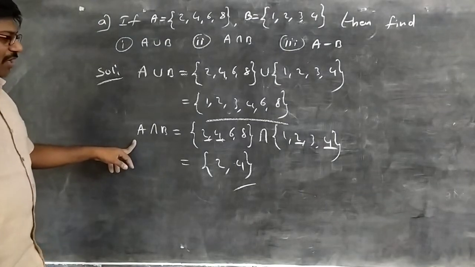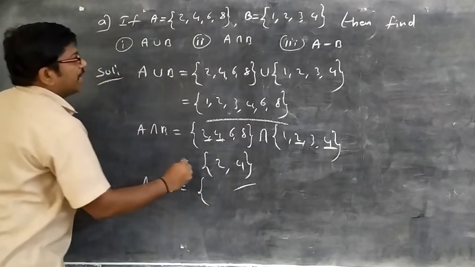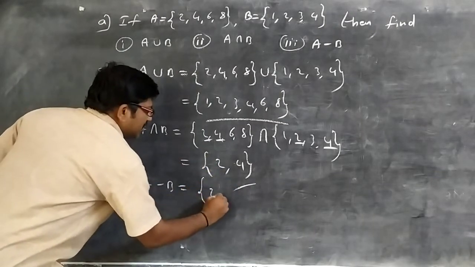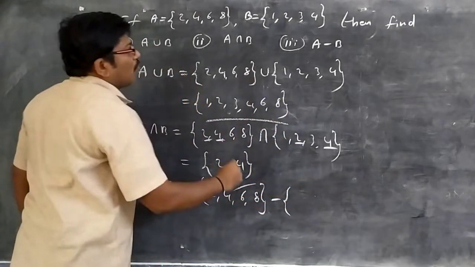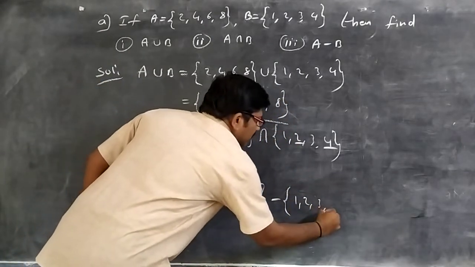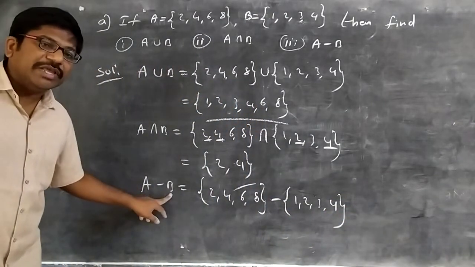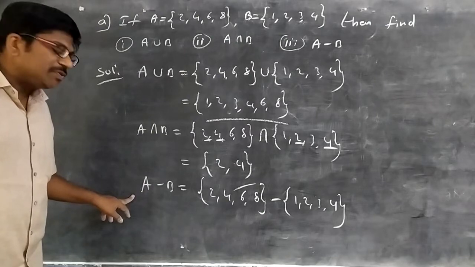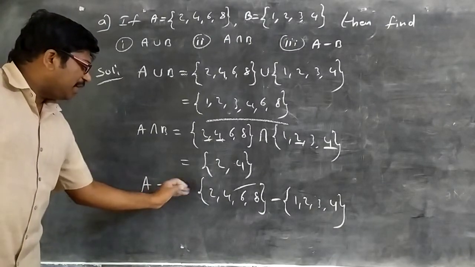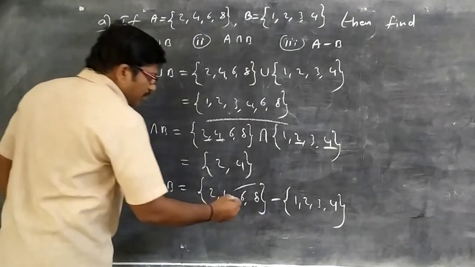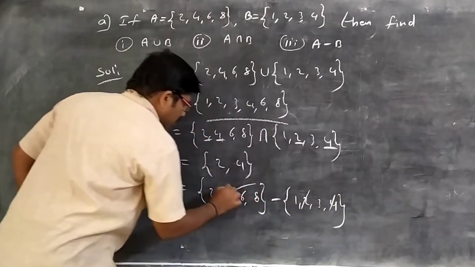Next, A minus B. A: 2, 4, 6, 8. Minus B: 1, 2, 3, 4. We already know the difference of A and B is a set containing elements which belong to A but do not belong to B, meaning we subtract B from A. So B elements 2, 4, 2, 4.